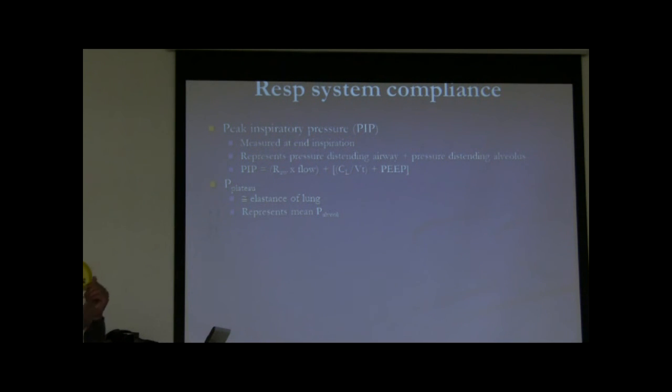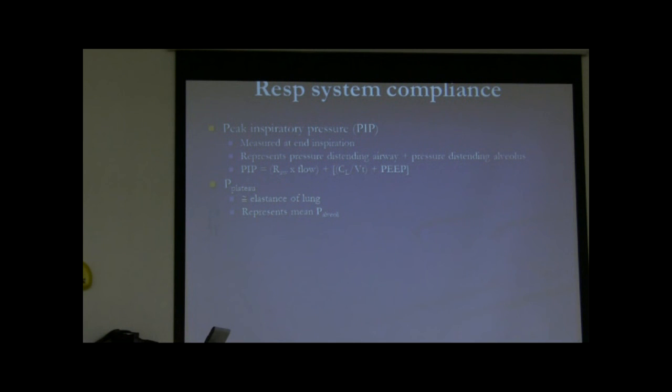That means the breath comes in, the breath is terminated, but you close the valve, you don't let the patient exhale, and you wait for a steady state over 1 second. And you measure the pressure at that point. So now you're measuring the pressure in the alveolus at the end of the inhalation phase. That's called the plateau pressure.